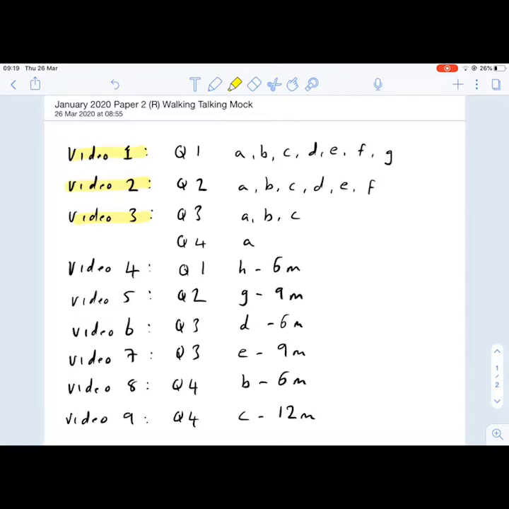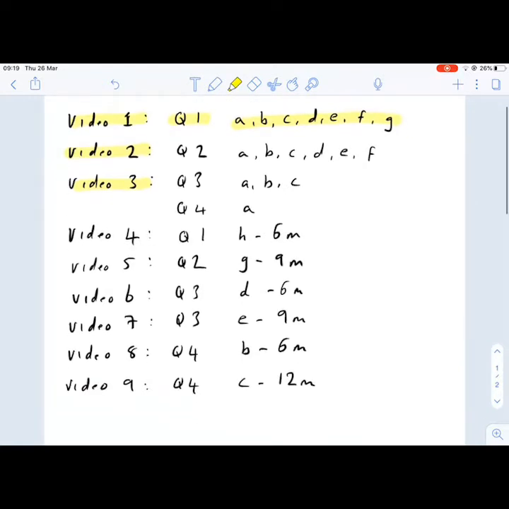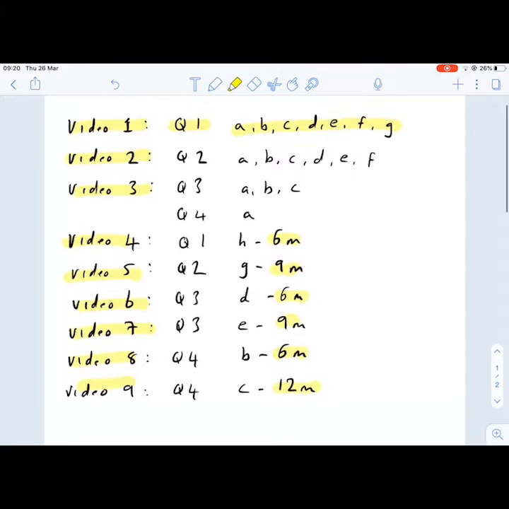So this video is going to be about question 1 and then A, B, C, D, E, F and G. Okay. And then after that, videos 4, 5, 6, 7, 8 and 9, we will look at the 3 6 mark questions, the 2 9 mark questions, and the 12 mark question as well.